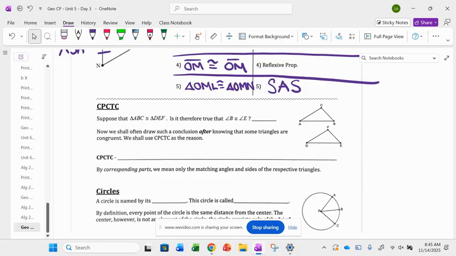So I'm asking you, suppose that I tell you this triangle ABC is congruent to triangle DEF. Is it true that I can say angle B and angle E, which are both the middle letters, have to be congruent? Is that true? Absolutely, that's true. So yes.